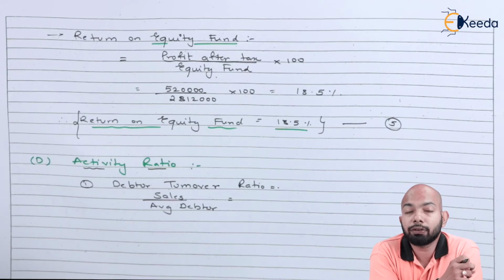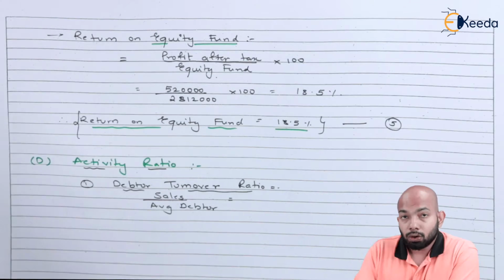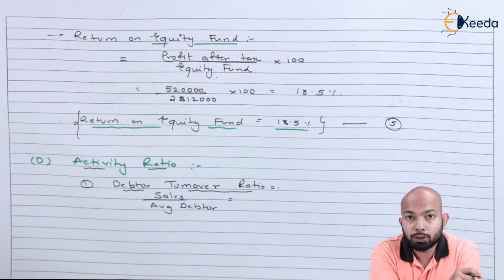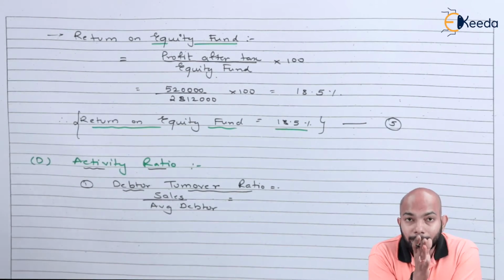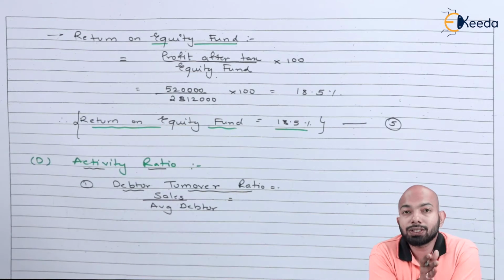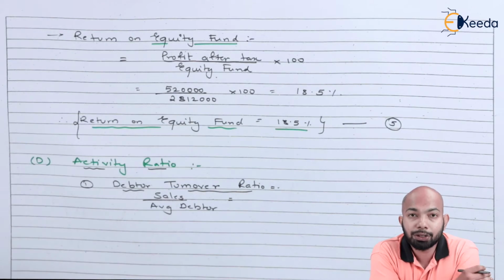So the first ratio that we're figuring out is debtors ratio, or you can call it debtors turnover ratio. The formula is sales upon average debtor. Hence the balance sheet will have 2007 and 2008 values to be clubbed together and divided by 2.